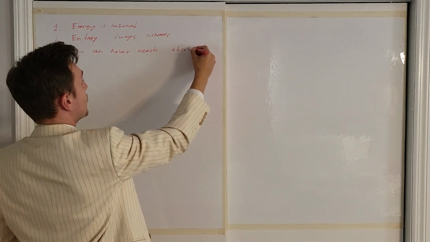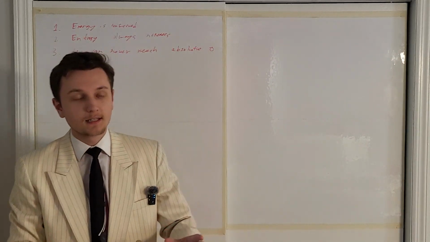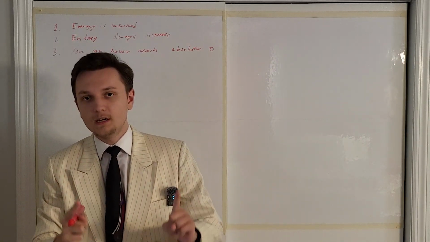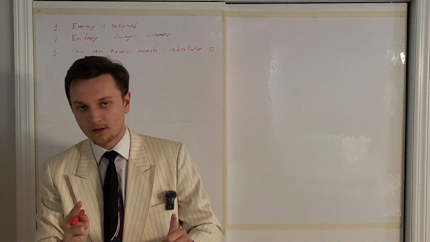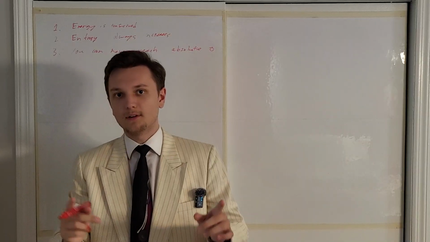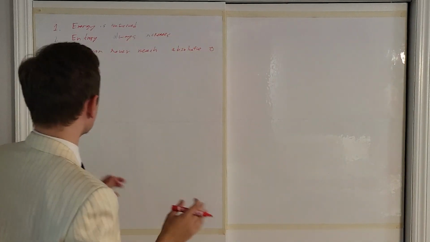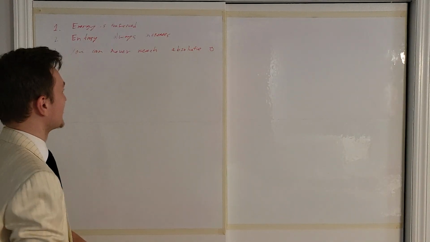If you want to know word for word what the third law says, it says the entropy of a perfect crystal at 0 degrees Kelvin is 0. If that doesn't make sense to you, it shouldn't. Anyway, I'm a chemical engineer, that's why it makes sense to me.